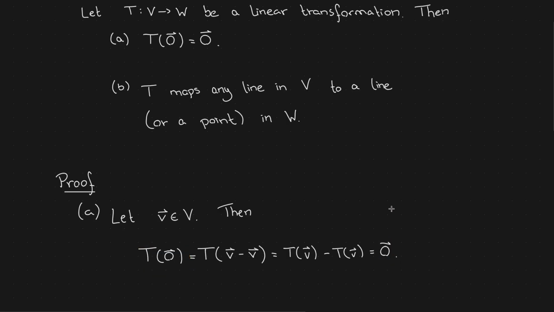This, by the way, seems very simple, but if you're trying to determine if a transformation is a linear transformation, this is a great place to start. Because if you take the transformation of the zero vector and you get something that's not the zero vector, then right away you can conclude that the transformation is not linear.